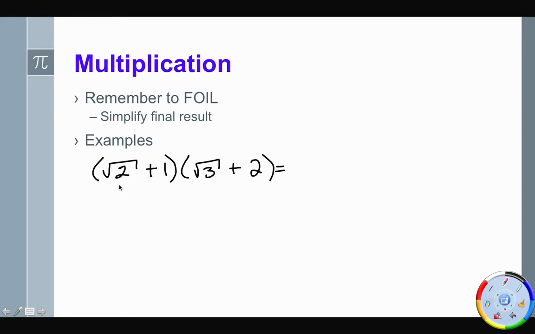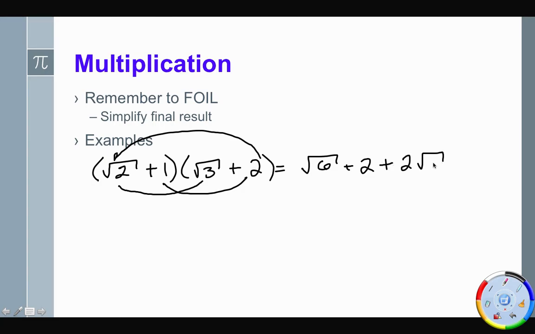When I do root 2 times root 3, I get the square root of 2 times 3, which becomes 6. Then I'm going to do 1 times 2, which is 2. Then I'm going to do root 2 times 2. Now, 2 times root 2 is like multiplying variables to a number. 2 times radical 2 is just 2 radical 2.